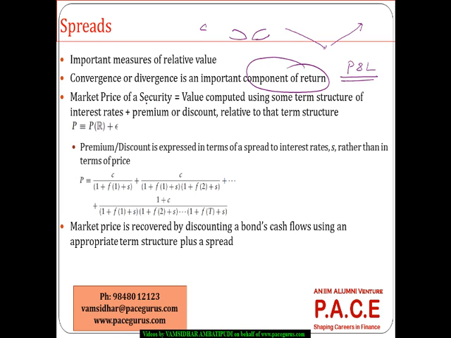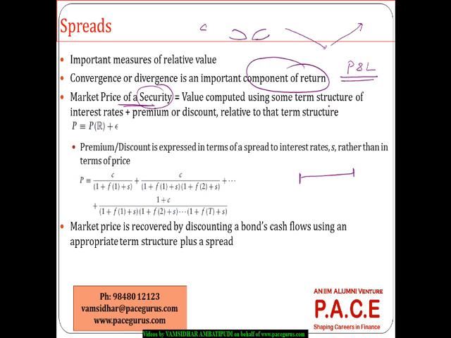So what we are simply saying is, whenever we are doing the market price of a security, bond or anything, we are breaking it into two parts. We take some kind of a term structure. Based on this term structure, we are trying to find out what is the value of that particular security.